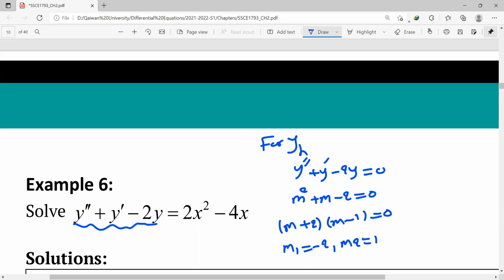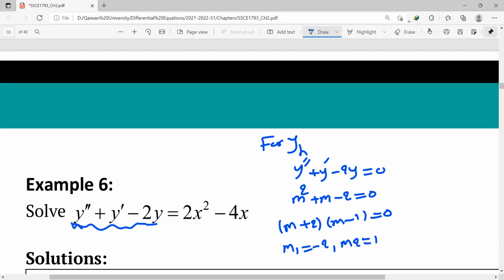Look here, we have it. To the right-hand side, you mean this one? Okay, so here, do you mean this one? Why is it degree 2, it's not degree 3? No, I mean y double dash plus y dash.